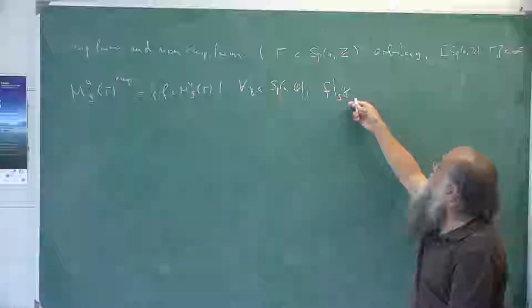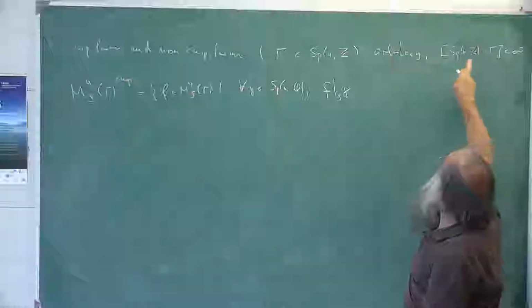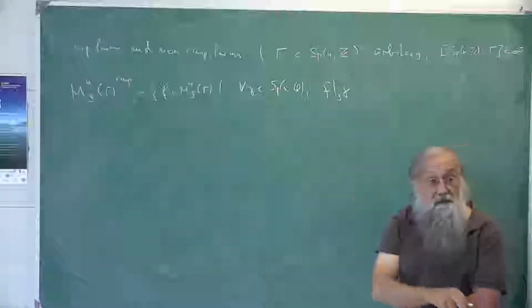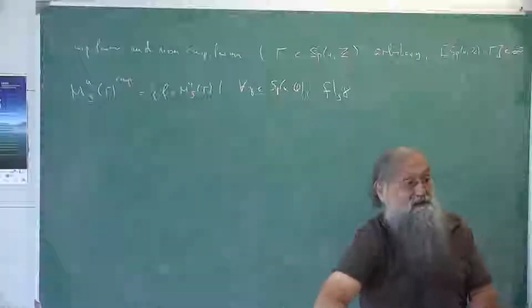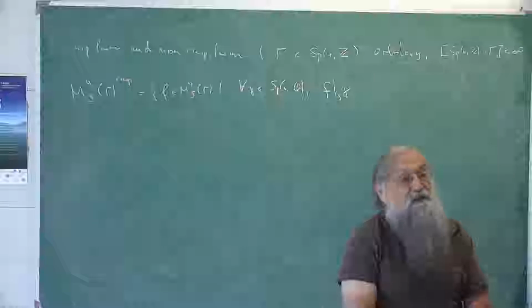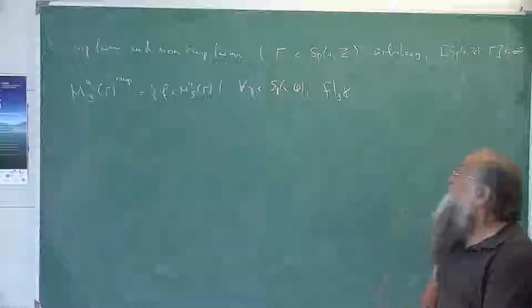Now this will again be a modular form for some group conjugate to gamma, and it also is periodic, and it has a Fourier expansion which goes over positive semi-definite matrices.